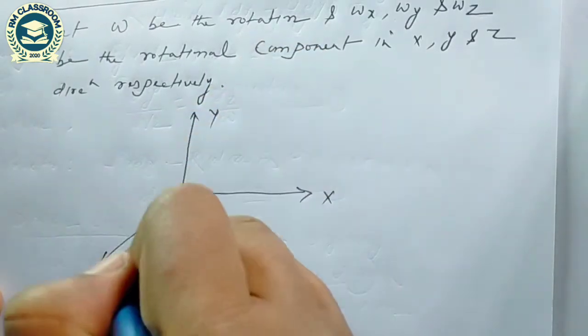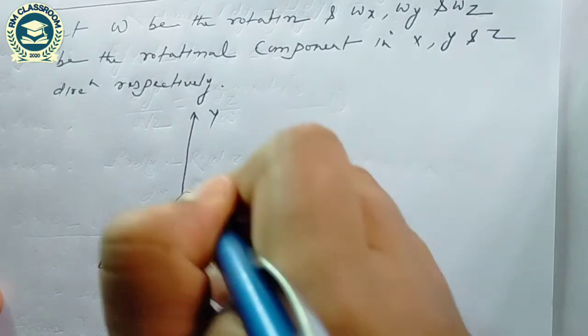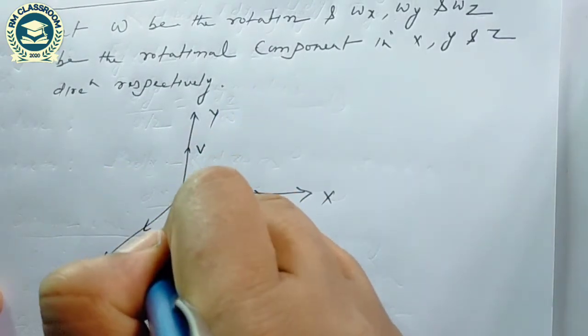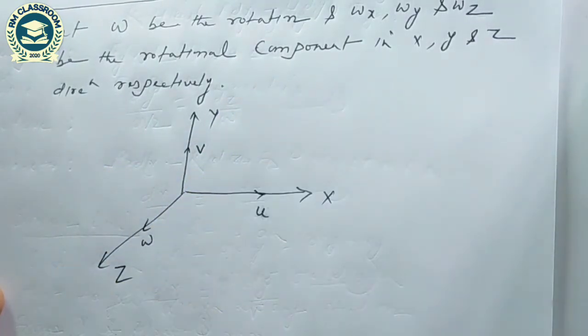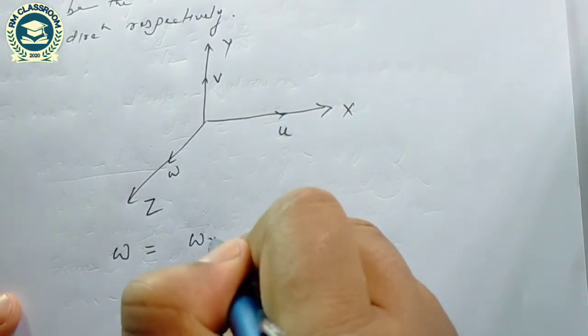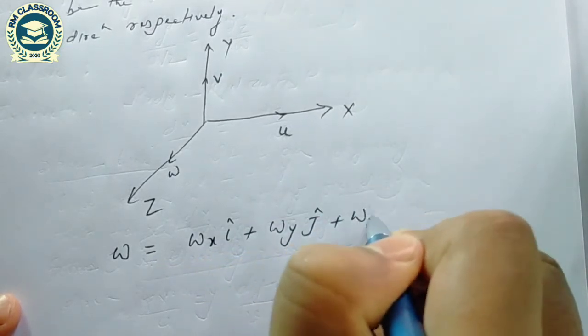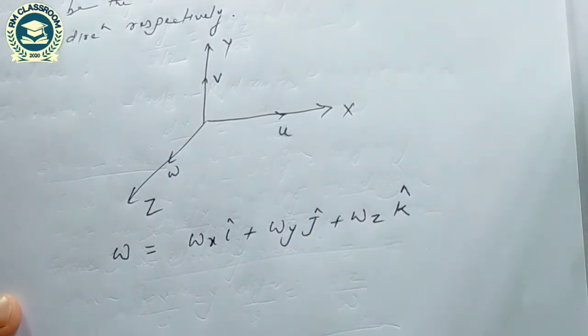The velocity components in x, y and z are U, V and W, and this omega can be written as omega x i plus omega y j plus omega z k.